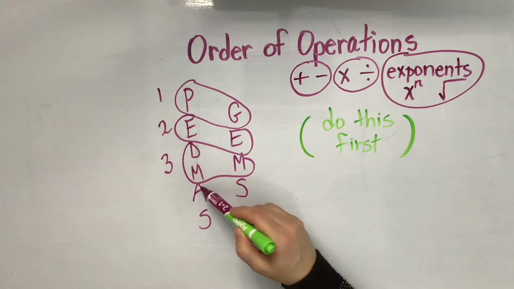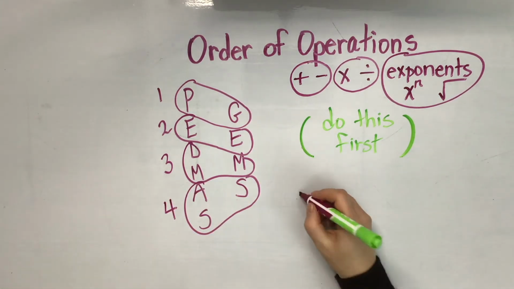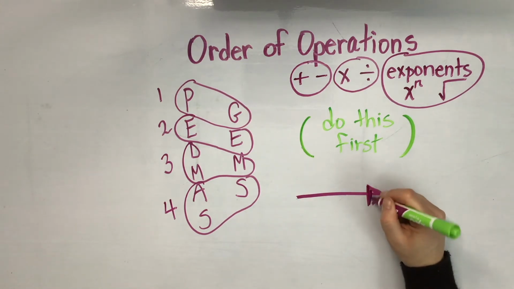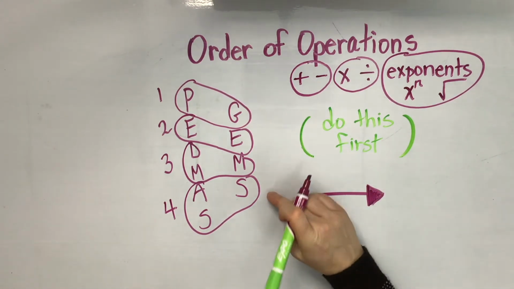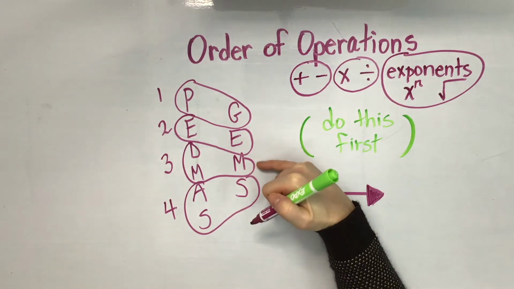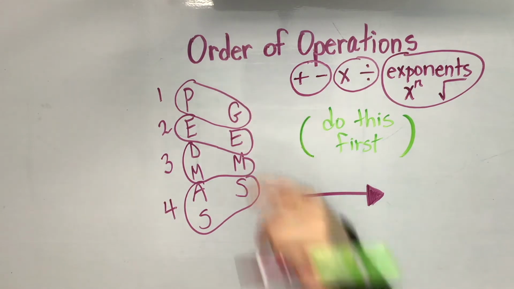And then addition and subtraction would be the last thing that we do. And we always move left to right when we are working within a certain level. So if we're just working with addition and subtraction and we have more than one, we go left to right. Division goes left to right, exponents left to right, and brackets left to right as well.